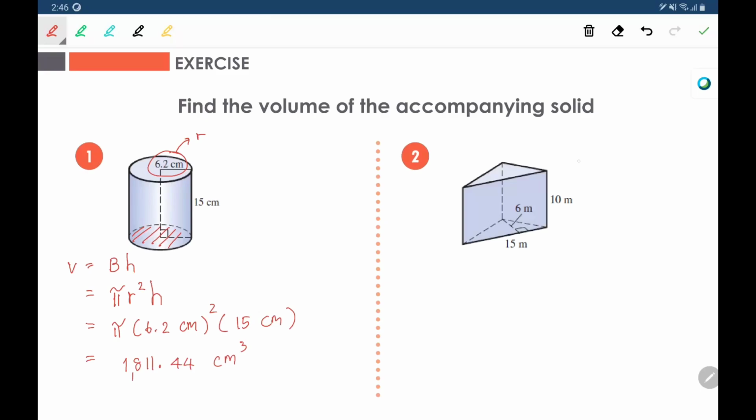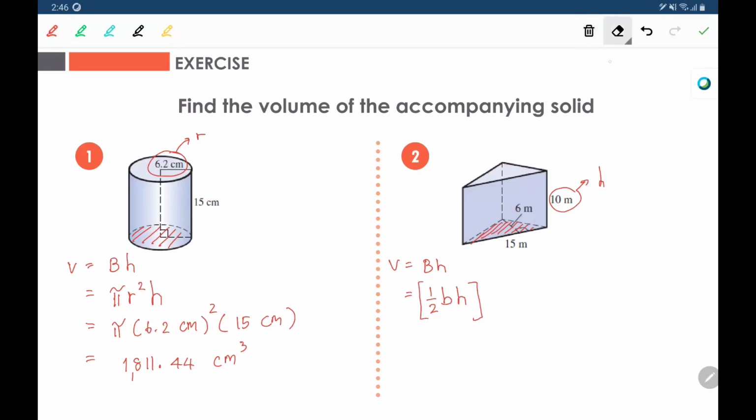Second exercise, this solid looks like a prism, but the base here is the triangle. So the volume of this solid comes from the base times H. This is the H, or the height of this solid. But for the base, in the case of a triangle, the area is 1/2 times the base of the triangle times the height of the triangle.